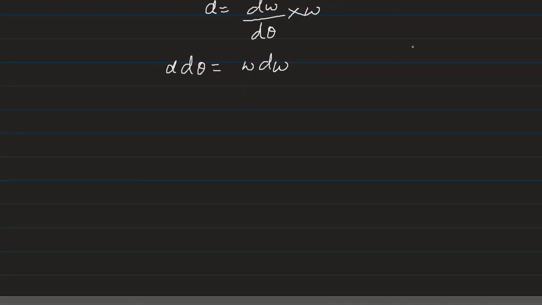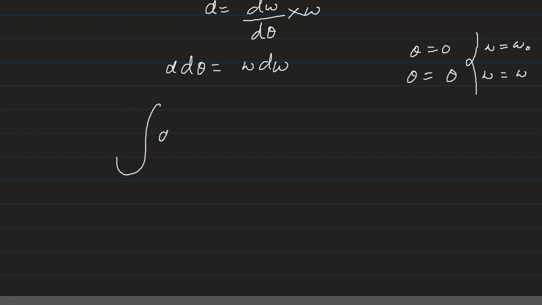So here let's suppose that initially we have theta is equal to 0, and after some time our theta becomes theta, and during that course of time our omega was initially omega naught, and finally it becomes omega. So we integrate this above equation, that is alpha d theta, from 0 to theta, and it is equal to omega d omega, from omega naught to omega.